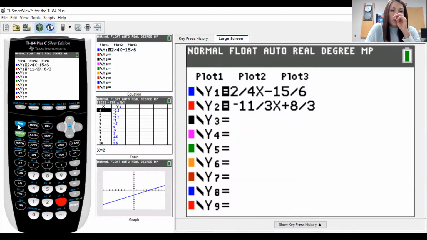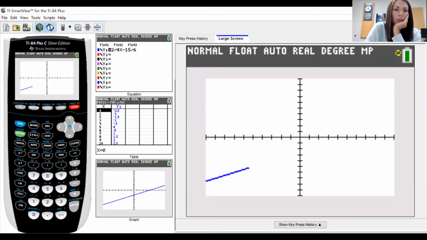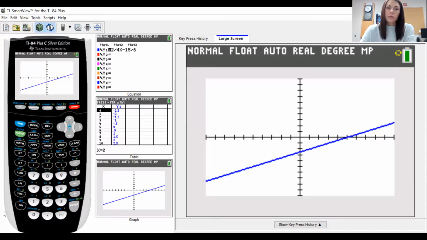And I go to my graph. It still hadn't loaded down below, but it'll load as we kind of wait here. There's my second line.